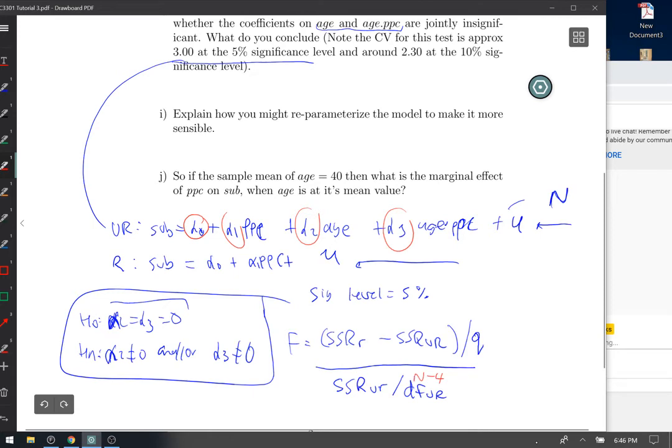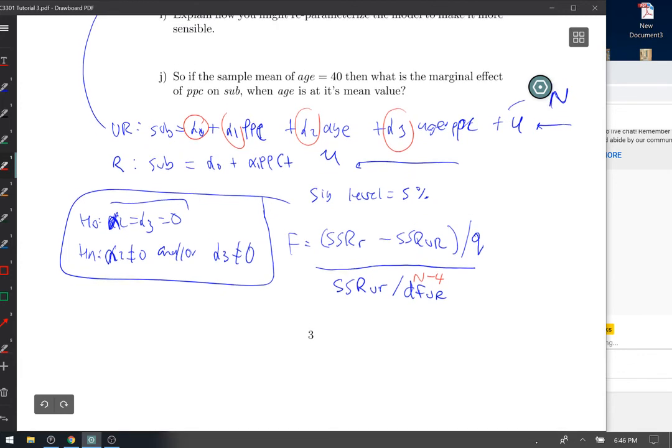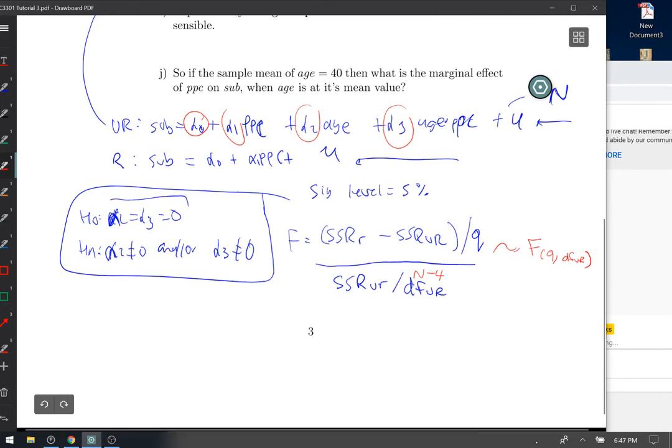That's sample size minus number of parameters. So that's the formula, and this turns out, for n large enough, to be distributed F with Q degrees of freedom and D degrees of freedom, the unrestricted model UR in general.